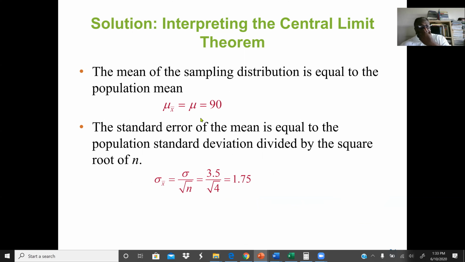Here we say the standard deviation of the sample mean, which is the standard error, is the population standard deviation divided by the square root of the sample size, which will be 3.5 divided by the square root of 4. So we can see that the standard error is 1.75, whereas the population standard deviation is 3.5.